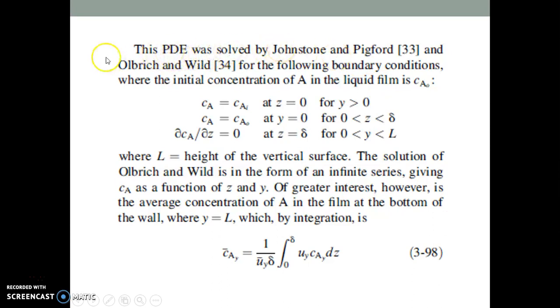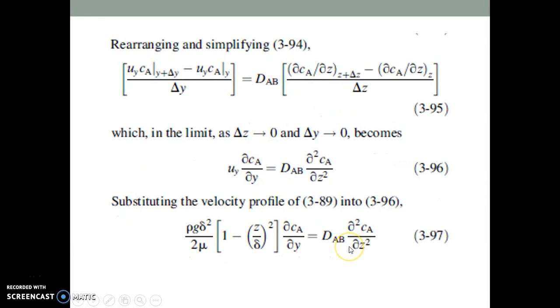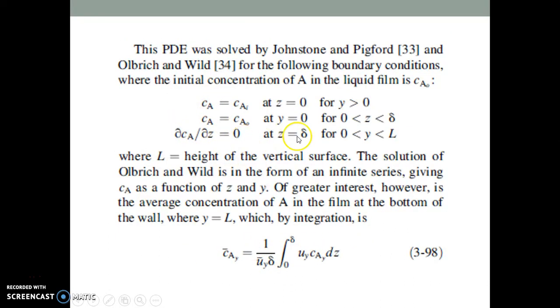This PDE, which is a partial differential equation, was solved by this man for the following boundary conditions. This equation has its limitations, stated below: C_A is equal to C_Ai at Z equals 0 and for Y higher than 0, and the concentration of A is equal to the initial concentration at Y equals 0 when Z is in between 0 and delta.